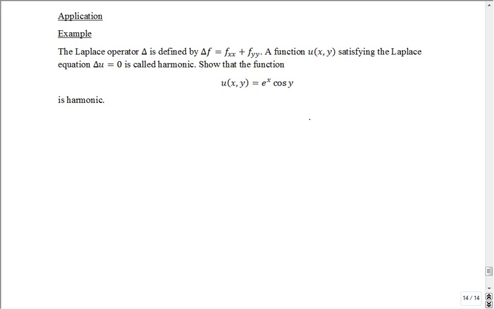What is the question asking us? We need to show that the function is harmonic; what you need to show is that delta u is 0. That's what you need to do. But what is delta u? It is the sum of the partials uxx plus uyy.